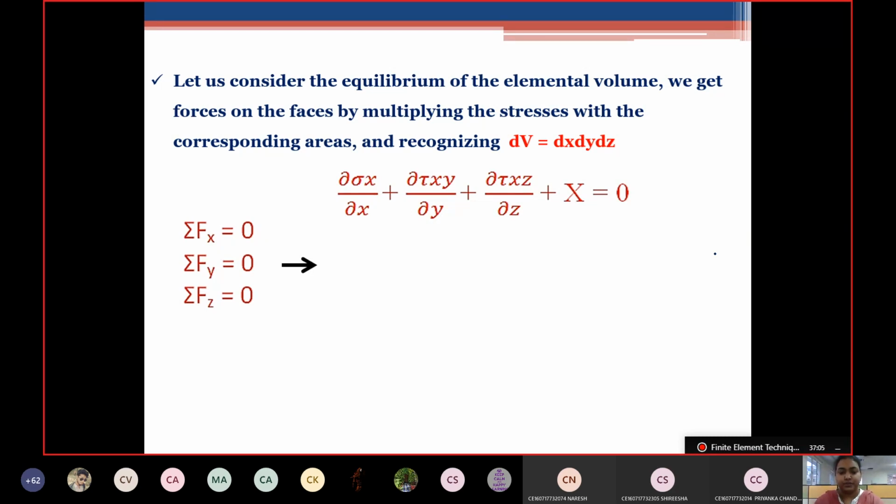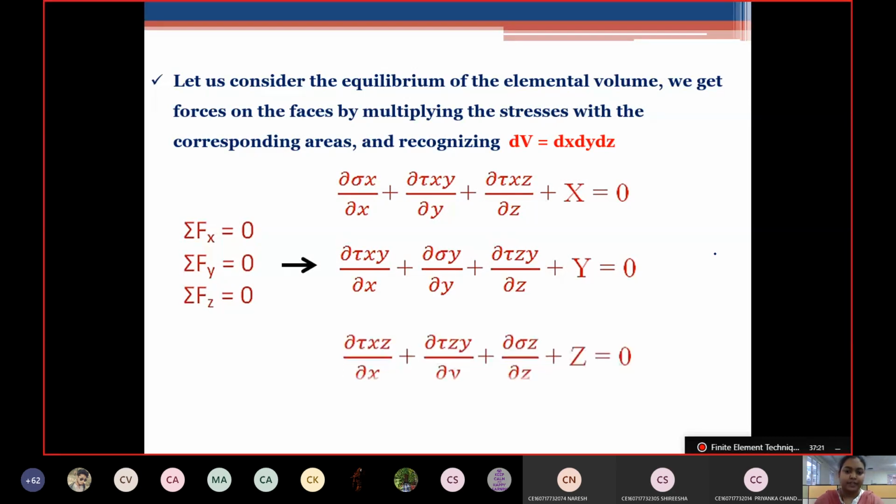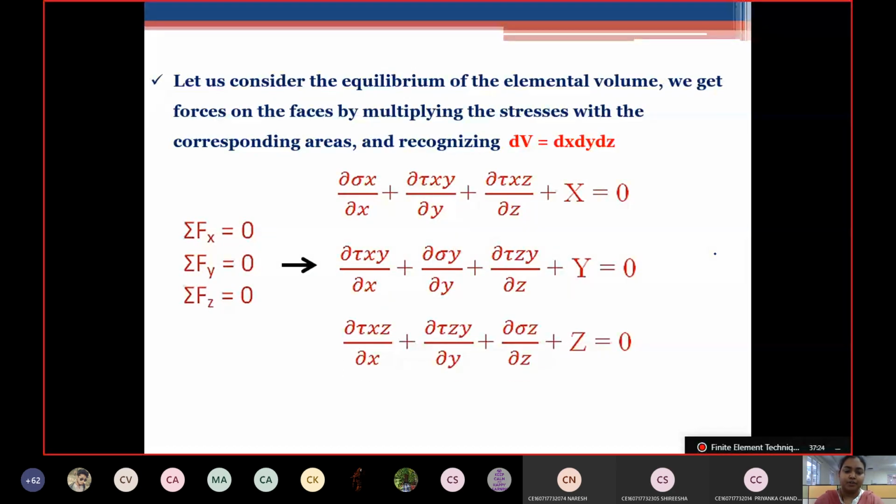So it would be easy for us to note it down. So this is the algebraic sum of forces in x direction, which we are taking as 0. This is the algebraic sum of forces in y direction, which we consider to be 0. And finally, algebraic sum of forces in z direction, which also we are considering as 0. Please cross check whether you also have written the same equations or not. If not, please correct.